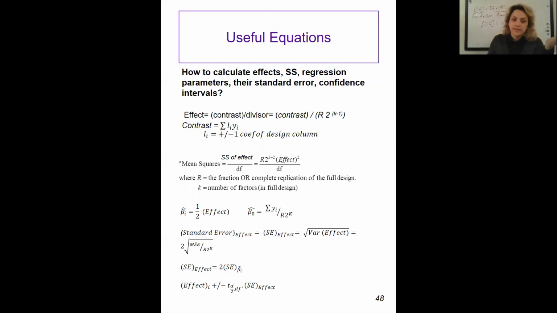So you'll find your effect plus minus the t-value from the table, where the degree of freedom is the degree of freedom of error, times the standard error of the effect. It's the same thing that we had before; I just thought it's good to remind you here. So those are the equations. I think we have more than this, but these are the main equations, the highlights of chapter 7, and some part of it is from chapter 6 as well.